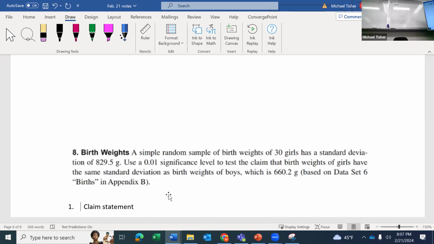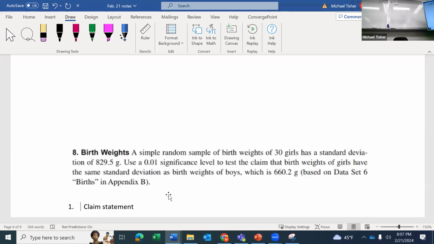Let's see the sigma, and see the 660.2. What symbols and equals? Equal. Let's see, we're claiming that the birth weights of girls have the same standard deviation as the birth weights of boys.